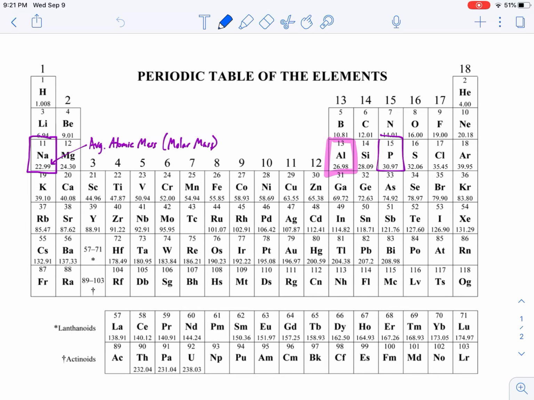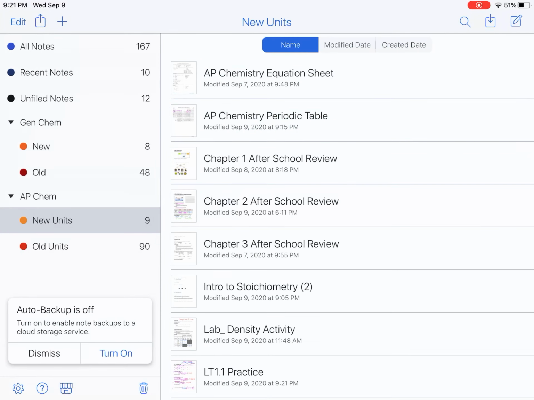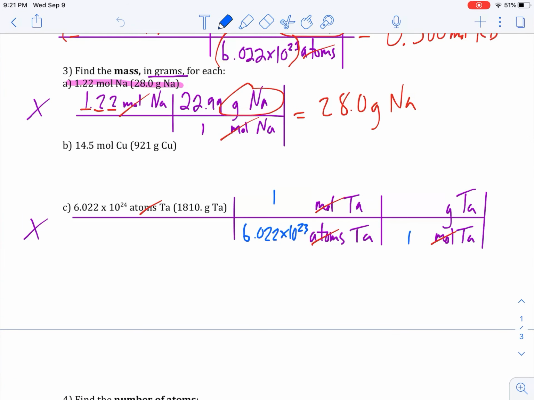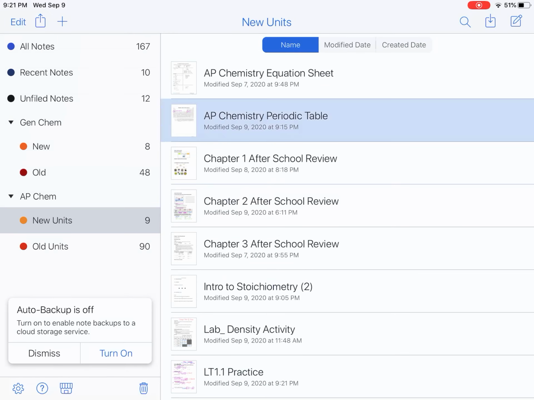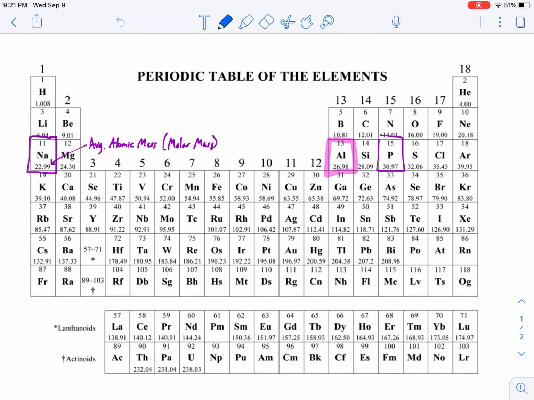We're looking for, what element was it? Oh, Ta. Okay, which is not a very common element. One of our transition metals here. 180.95.